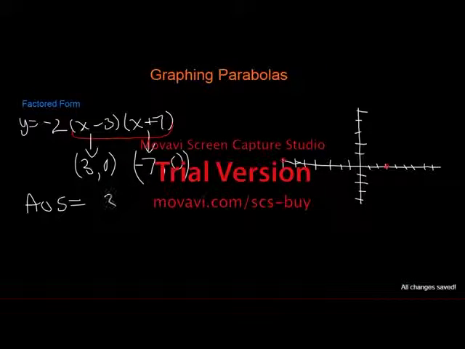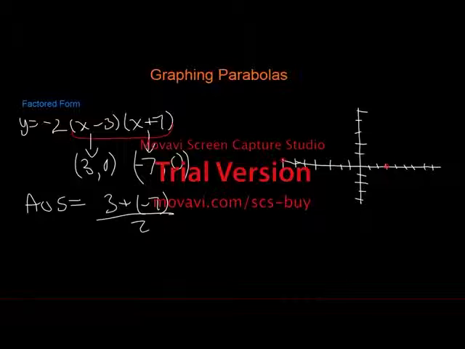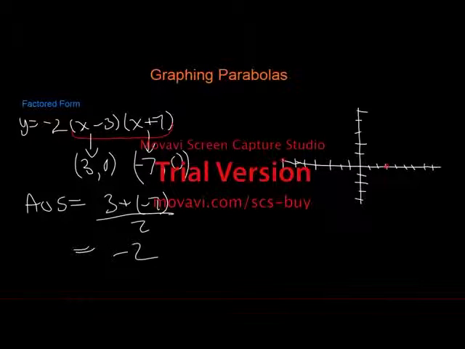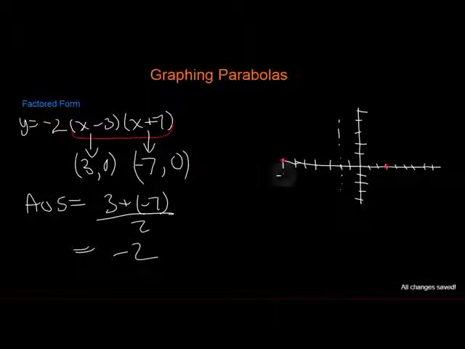So 3 plus -7, divide that by 2, is equal to -2. So now we know what the AOS is. So the AOS is right here, the imaginary line. And the AOS is important because it's also the same x value for the vertex, and we're going to be finding the vertex next.